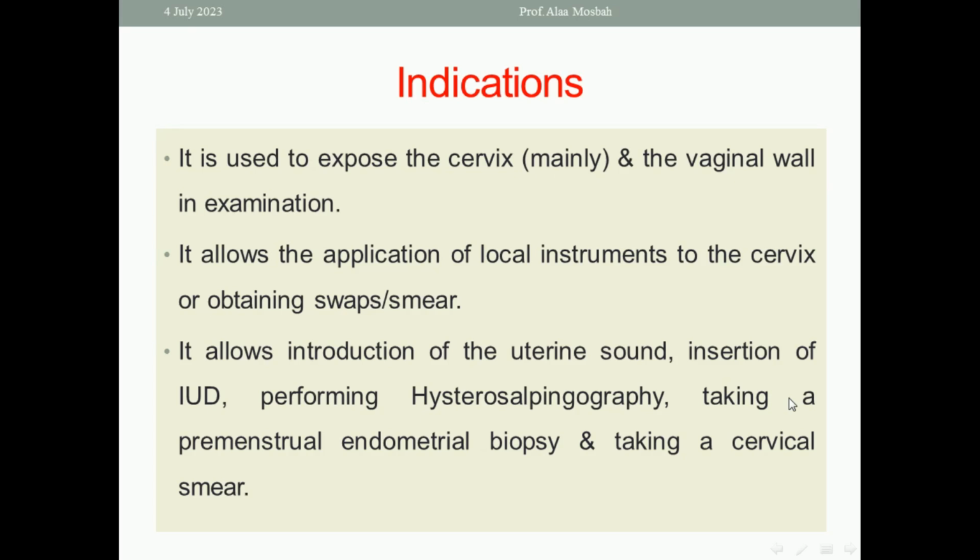Also, it allows introduction of the uterine sound and insertion of an IUD, intrauterine device. Also, it's important to use this self-retaining vaginal speculum before hysterosalpingography, and when you are trying to take a premenstrual endometrial biopsy or endometrial biopsy for abnormal uterine bleeding.